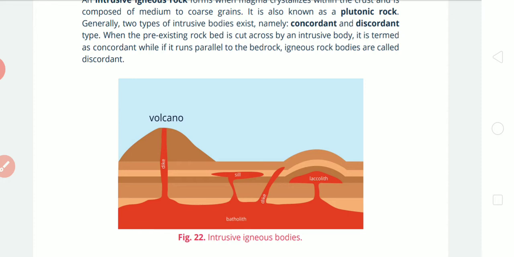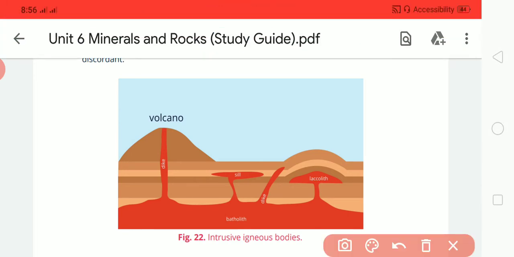While if it runs parallel to the bedrock, the igneous rock bodies are called concordant. So, in this scenario, the discordant ones are this dike formation, because it cuts across the different bedrocks. This part reaches here, and the same goes here. For this one, this is a dike.